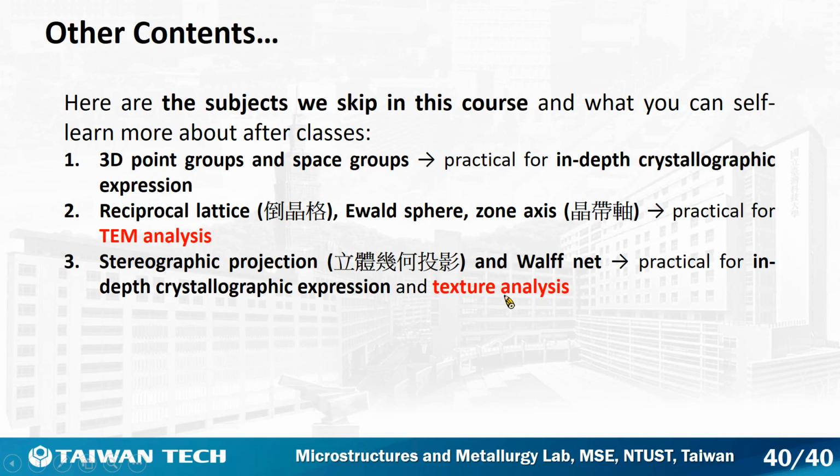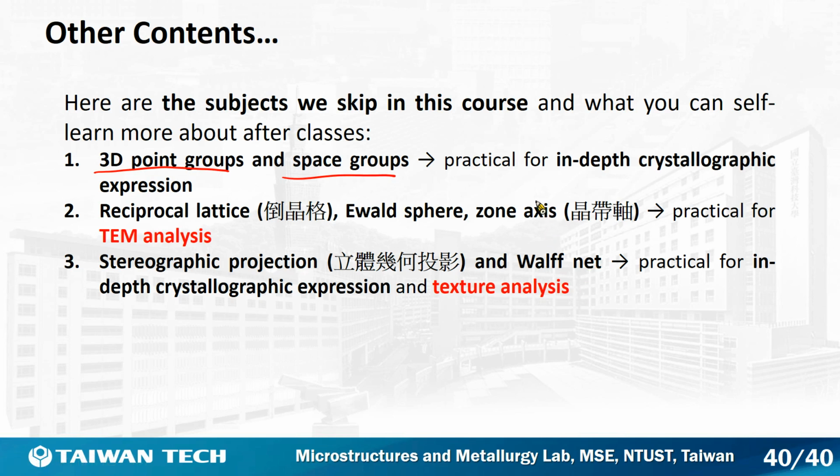And this is just to let you know that this is the second chapter for crystallography, and no more for that in this class. So if some subjects we skip in this course, and if you like, you can self-learn more about it, for 3D point group and space group.